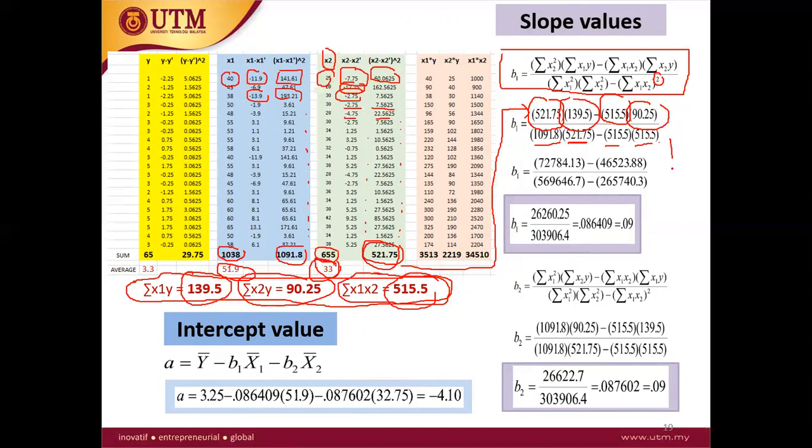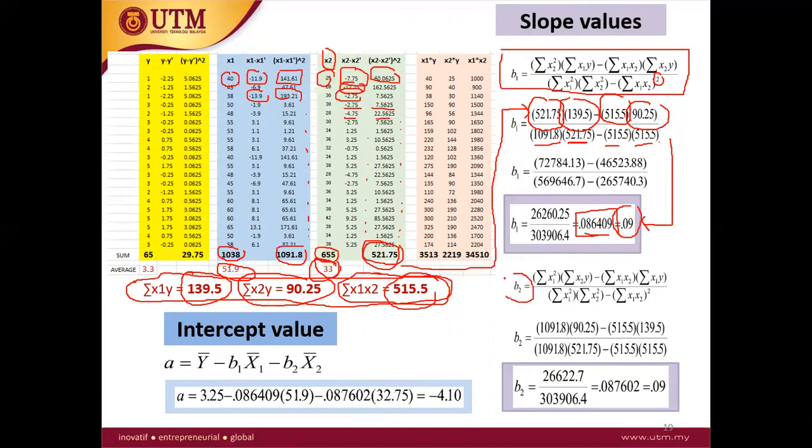So we get this value 0.086, close to 0.09. Okay, 0.086409. So now we have settled B1.